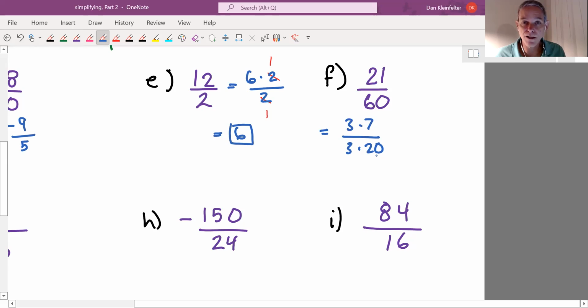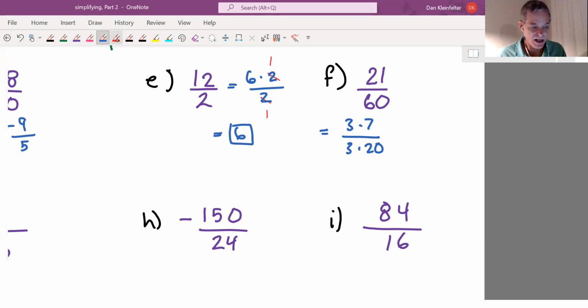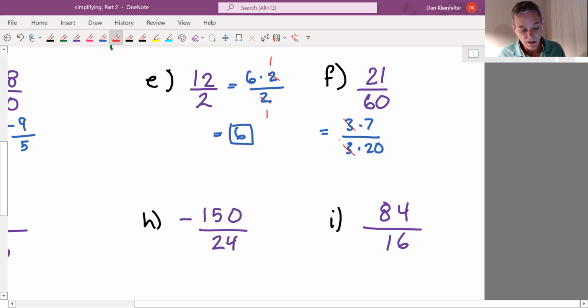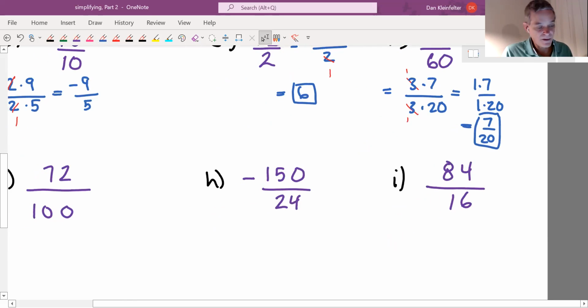Just 2's and a 5, right? And none of those are factors of 21, so it's a waste of time to do this. All right, we can remove, however, the common factor of 3. 3 divided by 3 is 1. 3 divided by 3 is 1. That will leave us 1 times 7 and 1 times 20, or 7/20. Okay, so we are getting there.